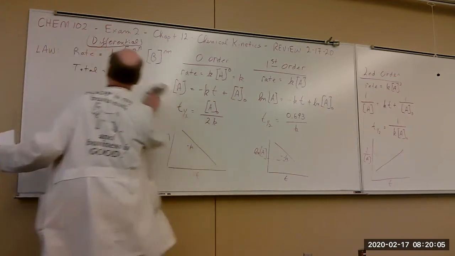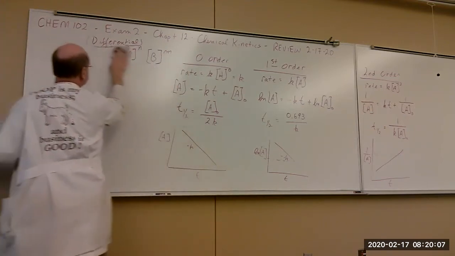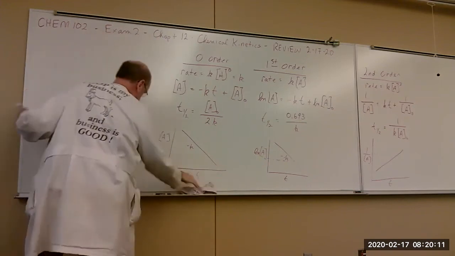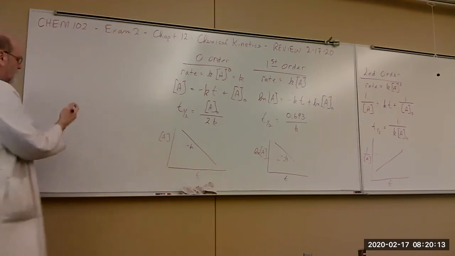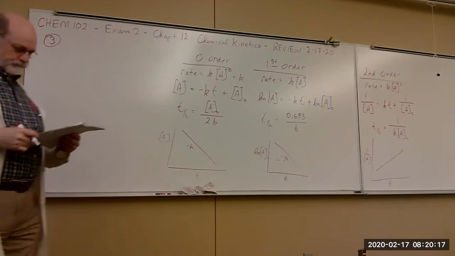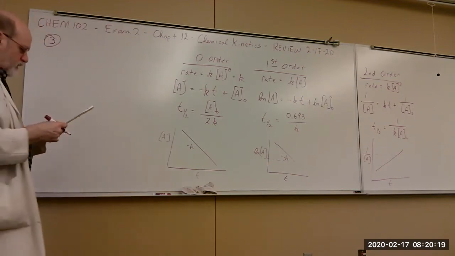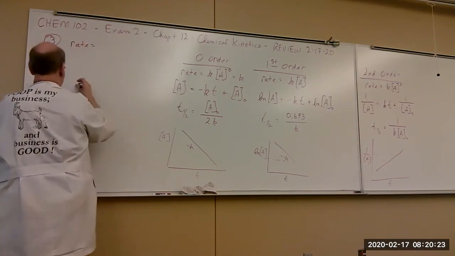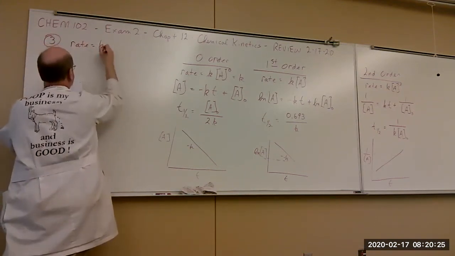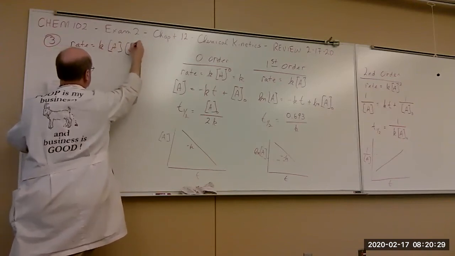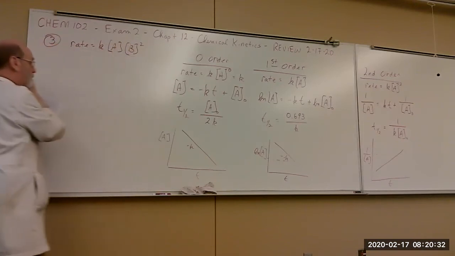So let's make a little room here. I'll leave those up there for reference. So if we're going to solve number 3, the rate expression for a reaction is given as rate equals rate constant times A times B squared, right?